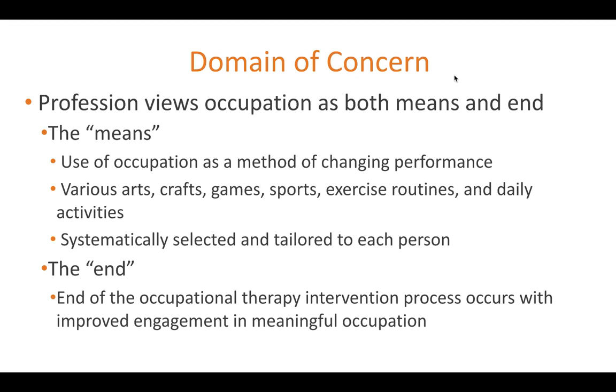We use various arts, crafts, games, sports, exercise routines, daily activities, modifying activities in order for a person to engage in what it is that they want to do. It's systematically selected and tailored to each person. What this means is that our intervention approaches that we use with individuals are not necessarily consistent amongst the larger population. They're individualized for what the person's needs are.